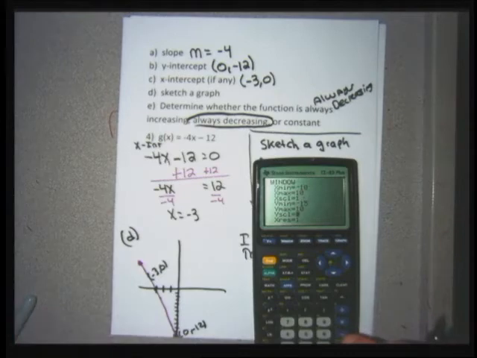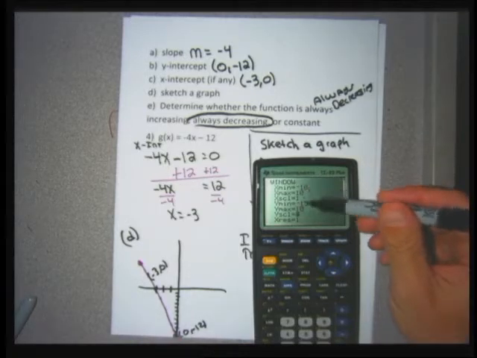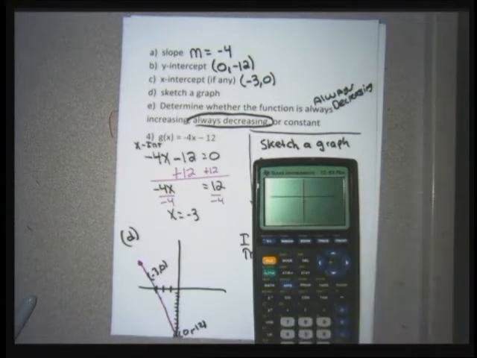I just want to generate a window that is going to show negative 3 on the x-axis and negative 12 on the y-axis. Negative 3 is in between the 10s I have for the x's, and negative 12 is in between the 10 and the negative 15. When I hit graph, I'll get a picture, and it looks close enough to the graph that I just drew to think that my graph is completely fine.